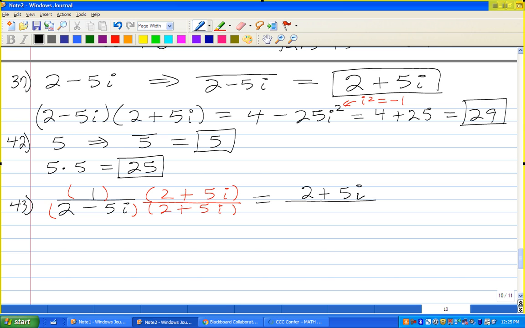2 times 2 is 4. Negative times positive is negative. 5 times 5 is 25. I times i is i squared. And again, i squared is a negative 1.